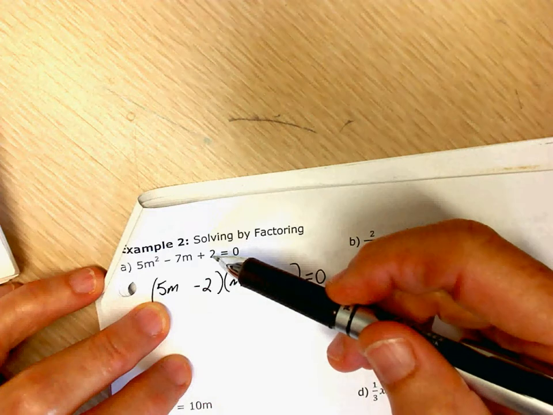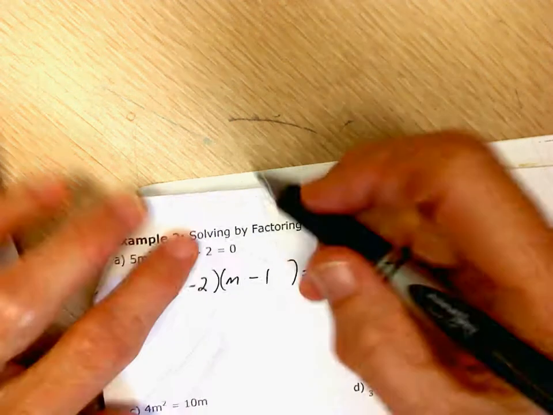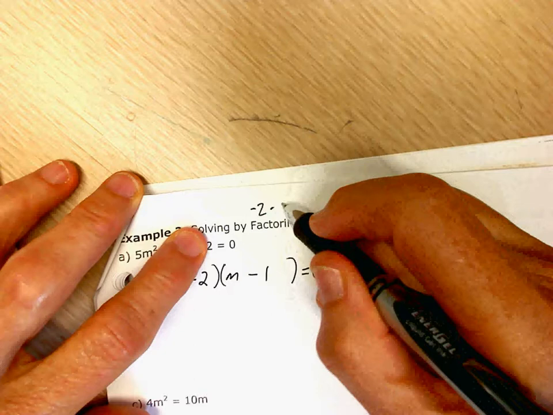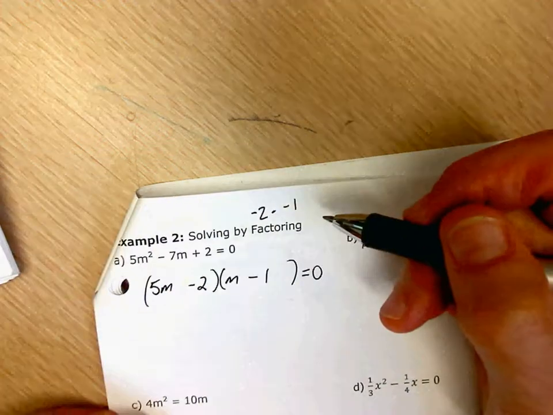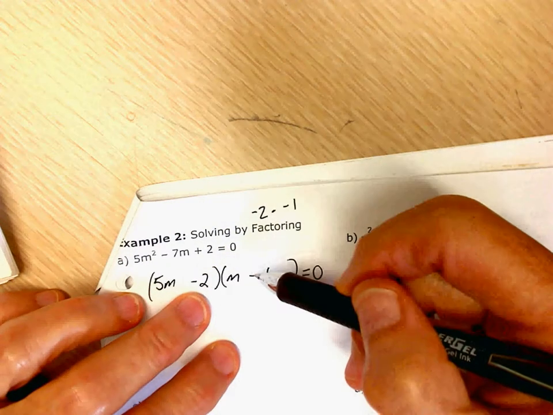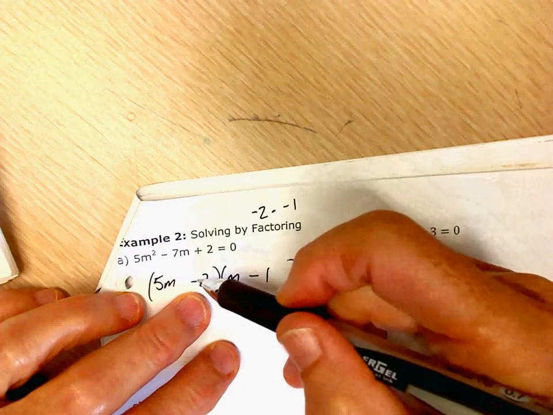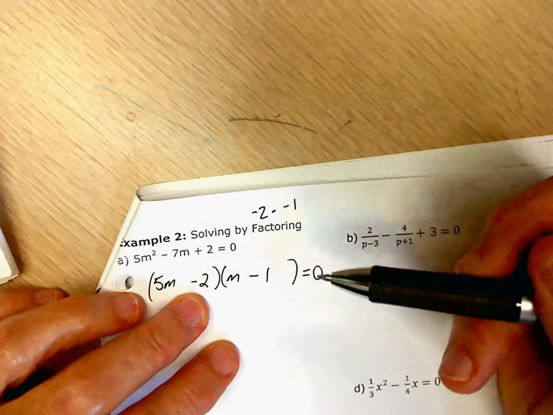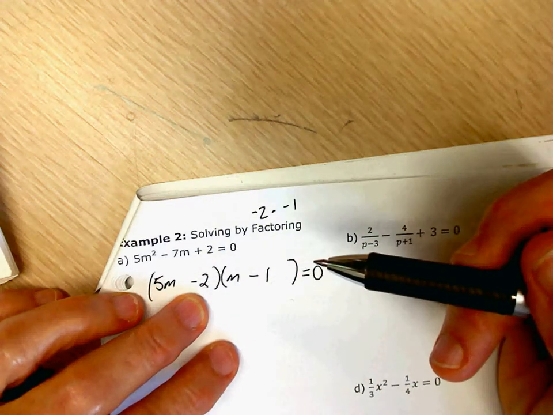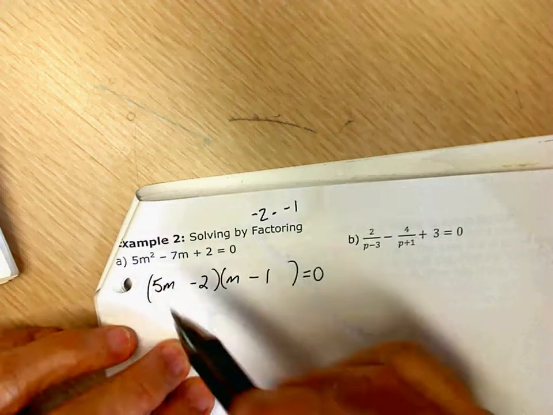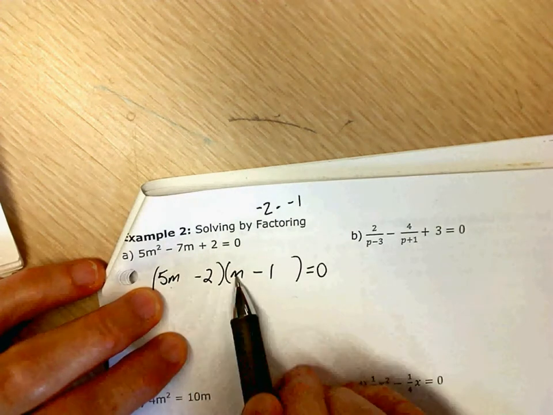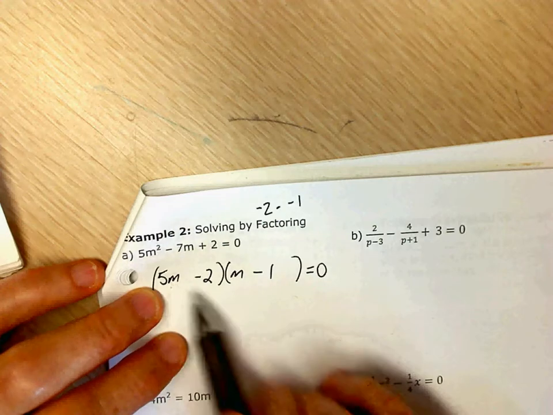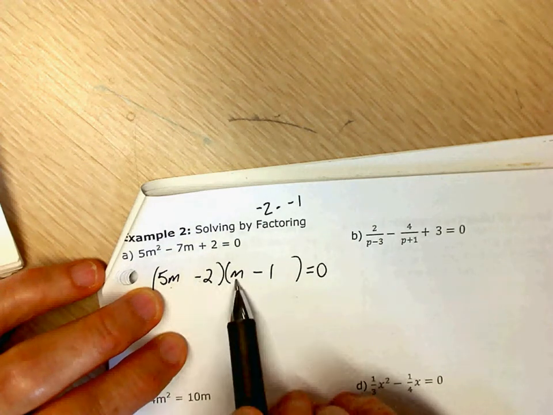The only way you can get that is if you go minus 2 times minus 1 to get a positive 2. So I either put minus 2 minus 1 here and see if it works, or I put minus 1 and minus 2 there to see if it works. Let's check. 5m times m is 5m squared, minus 5m minus 2m is minus 7m, plus 2.